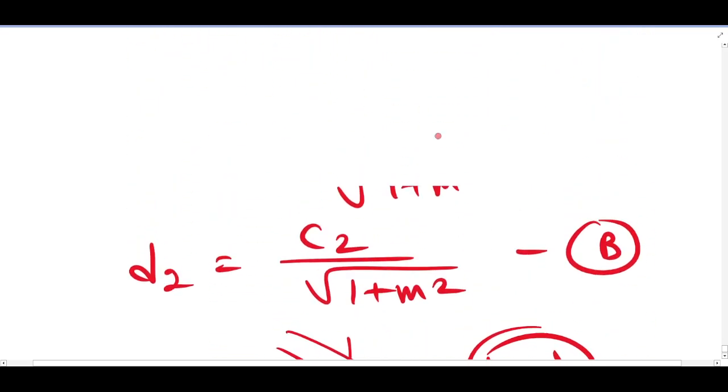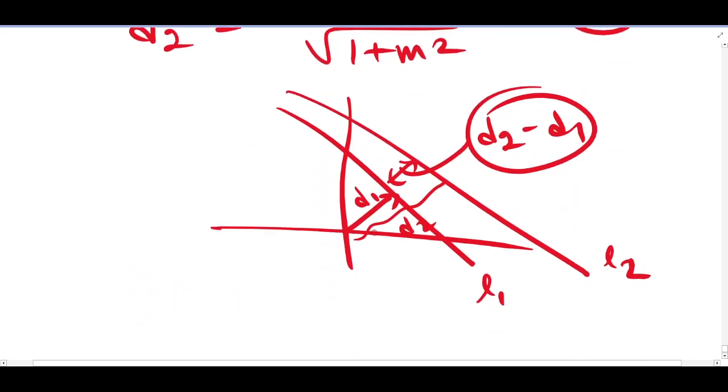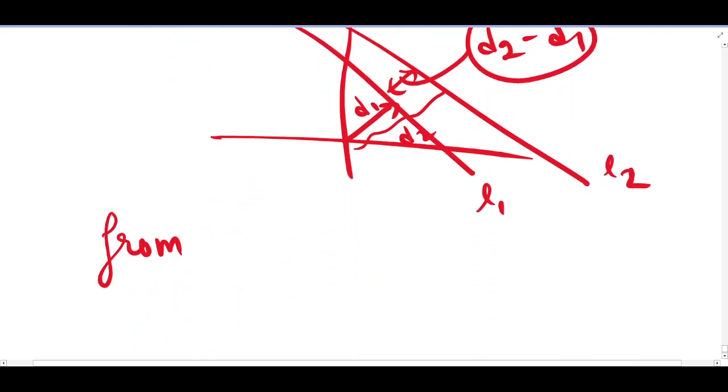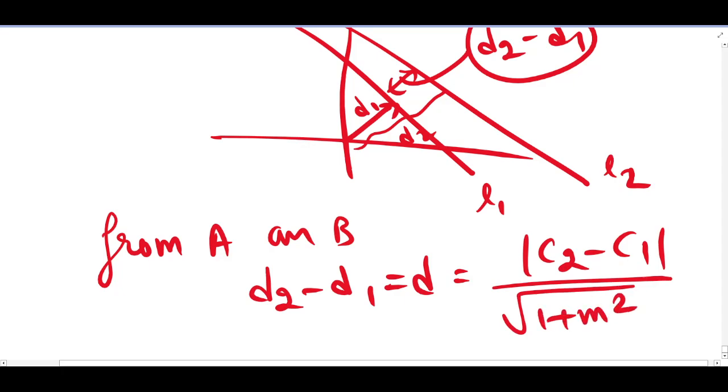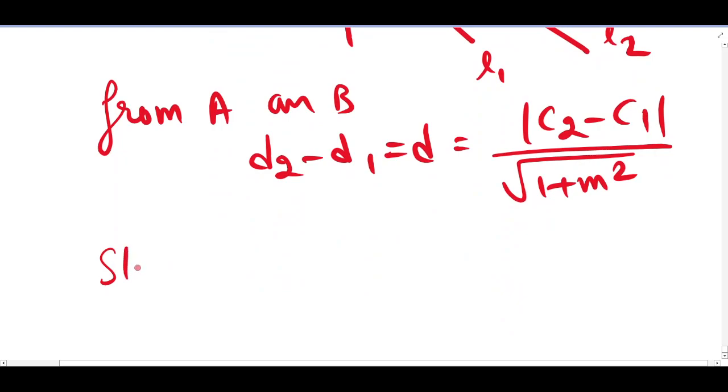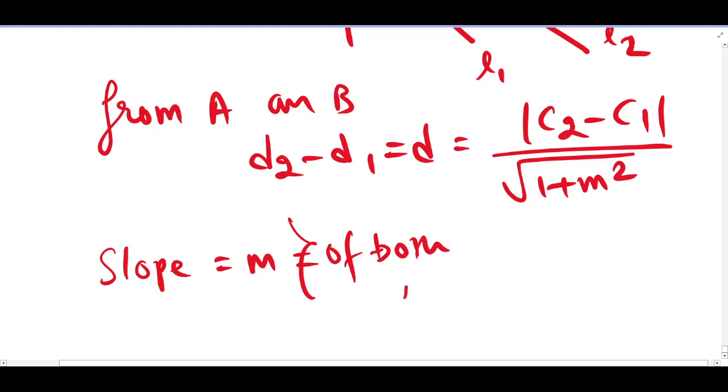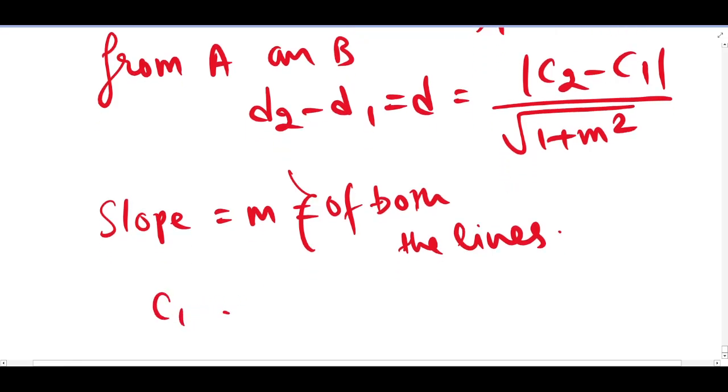So from A and B, D2 minus D1 is equal to D equal to mod of c2 minus c1 upon root of 1 plus m square, where the slope m is the same for both the lines, and c1 and c2 are constants.